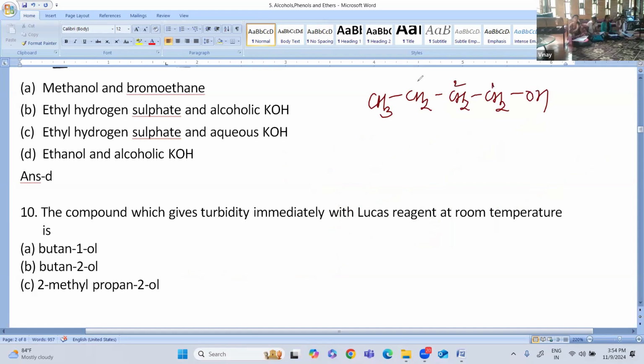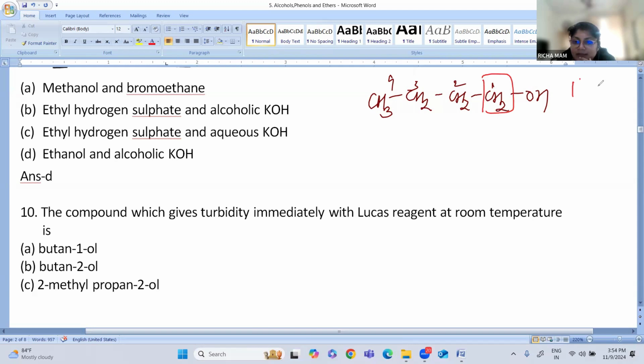Ma'am, is it option C? Okay, so this is butane 1-ol. So this is a primary.